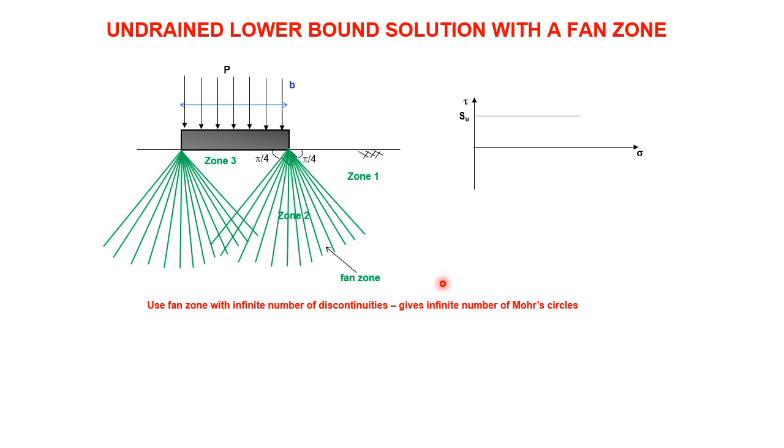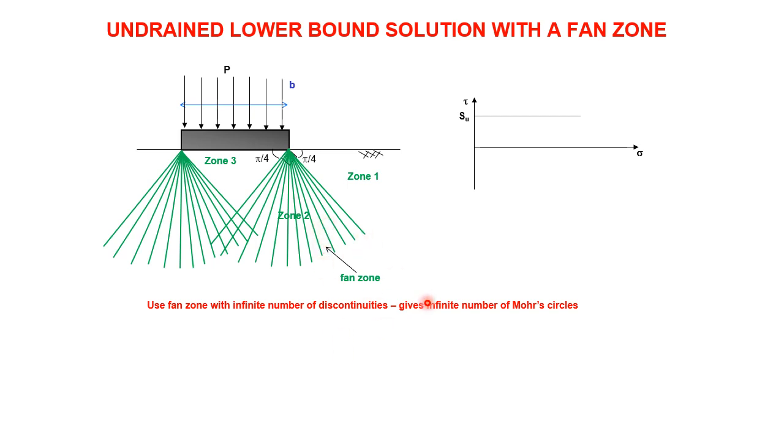These are just lines representing change of stress from one side to the other side. But because there are an infinite number of these discontinuities, the change of stress as we go from here through the fan zone to here varies smoothly. It's still not realistic, it's still not what would happen in reality, but there is a smooth change as we go through the fan zone. It's not changing in jumps because the jumps are infinitesimal.